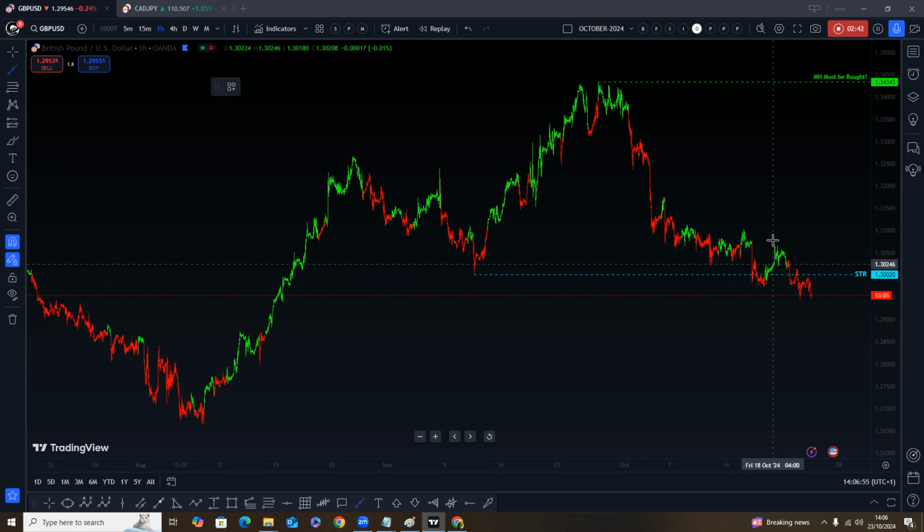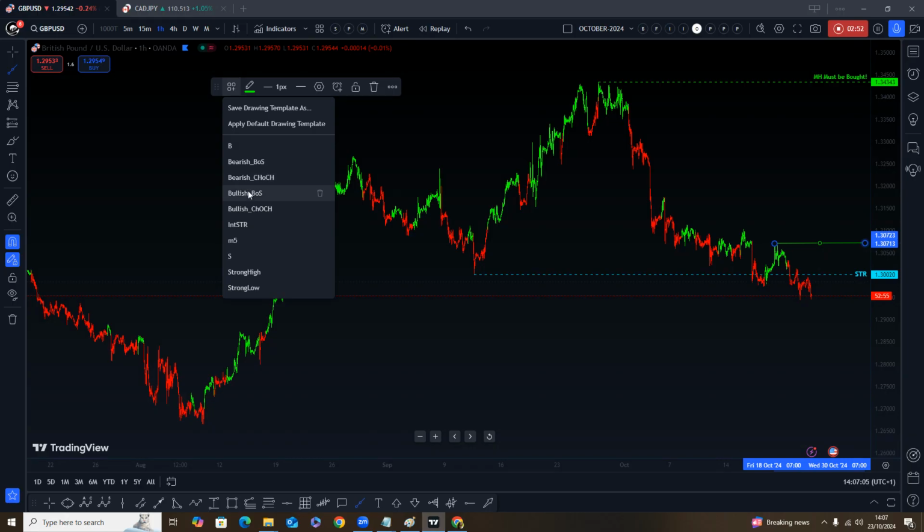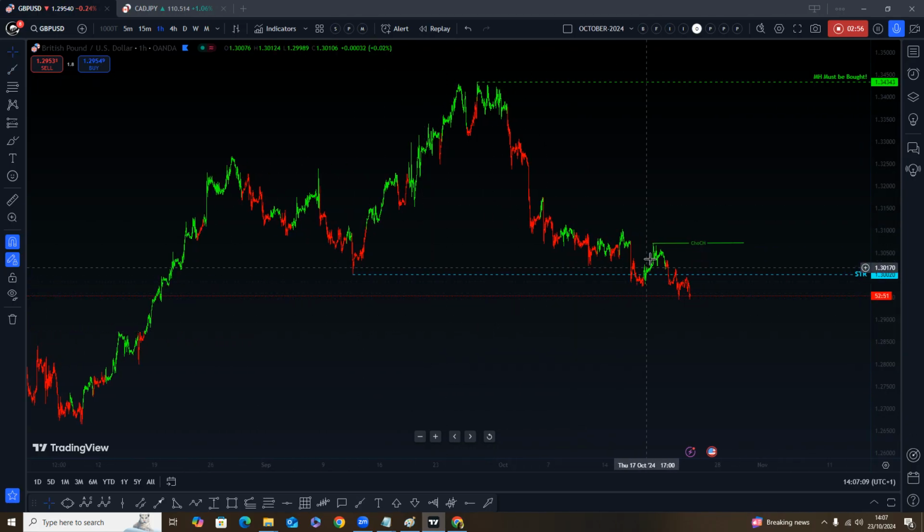this price here. That would be the first bullish change of character in the pound US dollar, and that price point is 1.30723.